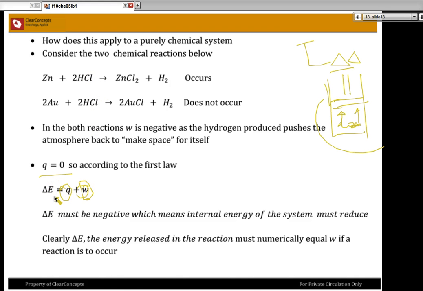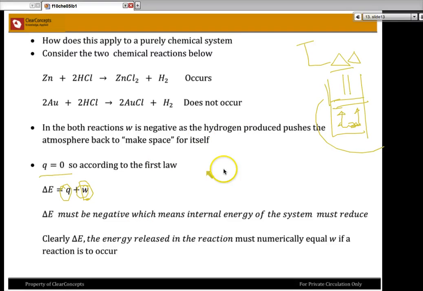Do we agree with that? There is no other way. If we apply the first law and conservation of energy must take place, then it's clear that delta E must be a negative number.